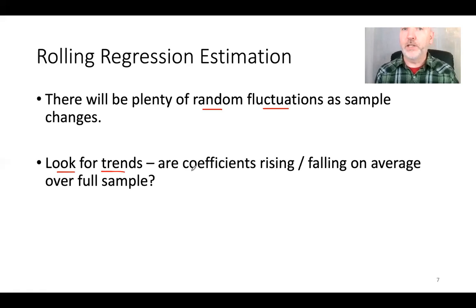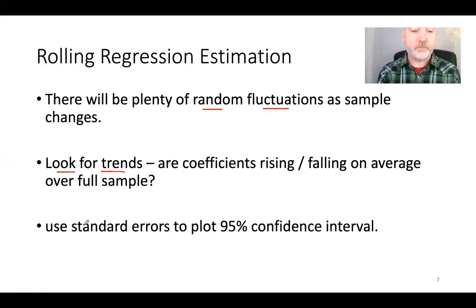Is there a reason to believe that the entire sample estimate is not, in fact, a good representation of that data generation process, that there is, again, significant structural change happening throughout that sample?